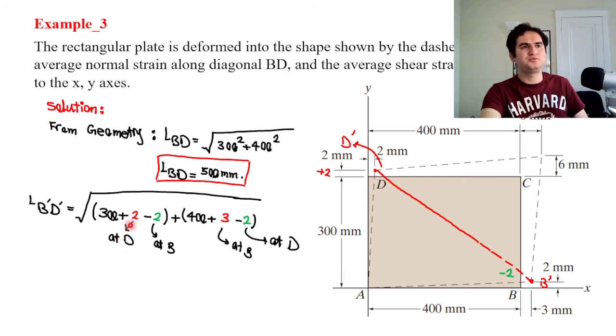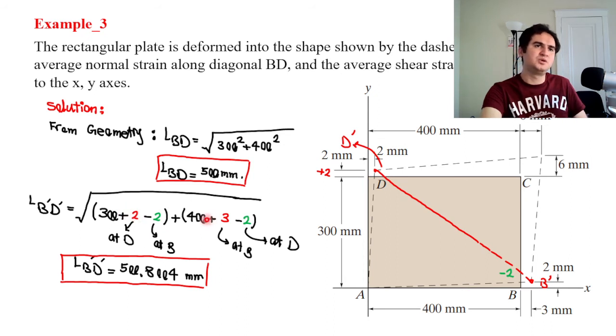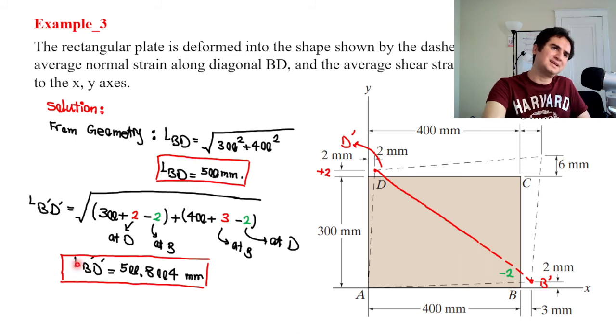So this is 2 at D and this is minus 2 at B to B prime, plus, if you look at the other direction, that's 400 plus an increase of 3 millimeters at B, and at the same time relative displacement is important, and a minus of 2, so that gives you 401. And if you calculate the numeric value of that, L B prime D prime is equal to 500.8 millimeters.